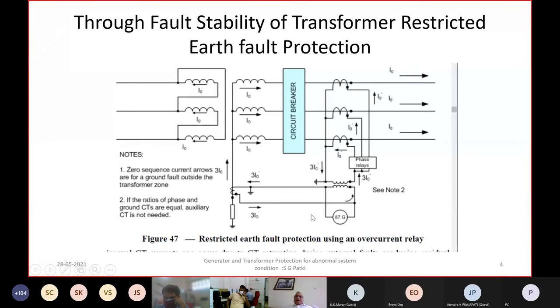So this is one. Yesterday we also discussed the case where it was mentioned that if the fault level changes, and if you don't revise the voltage setting of the operating coil, which is basically equivalent to changing the stabilizing resistor. In good old days, we used to change the value of the stabilizing resistor.